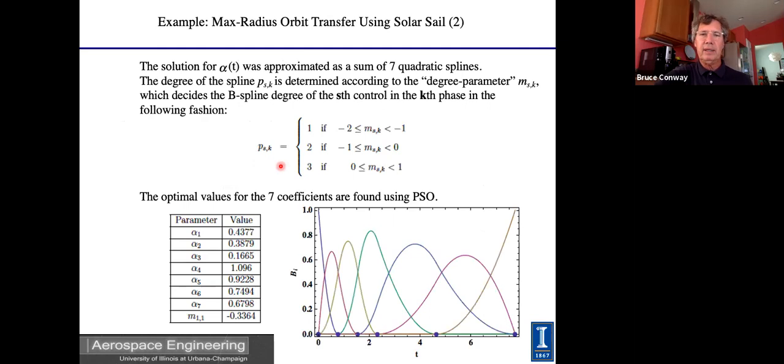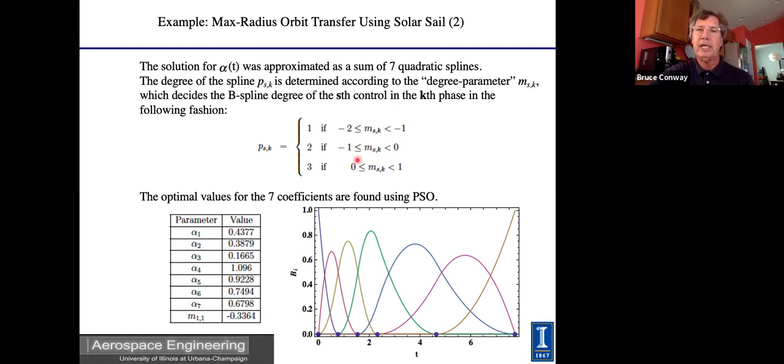And the way he cleverly parameterized this was to describe that time history alpha as a sum of 7 quadratic splines with coefficients given by these quantities alpha 1 through alpha 7. And the PSO found the optimal values of those 7 parameters.